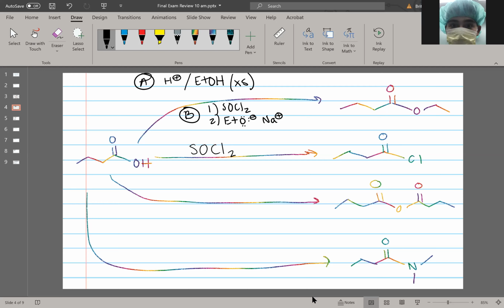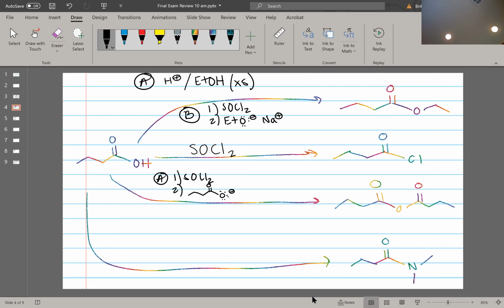Wouldn't you use like a carboxylate salt or something like that? Well, so the carboxylic acid itself is not reactive enough to just add in a carboxylate salt. But you could react with thionyl chloride first and then add in your salt or even just another equivalent.